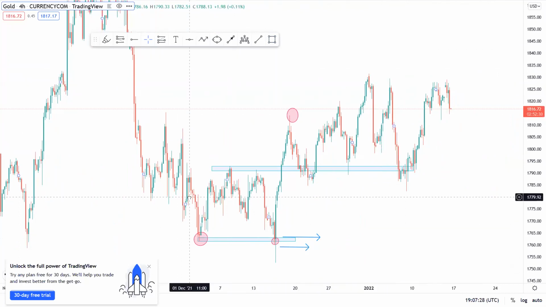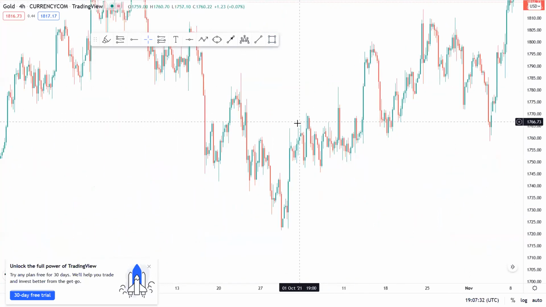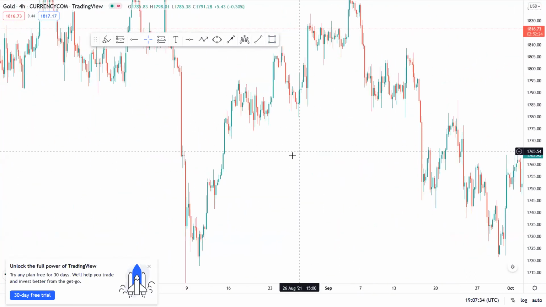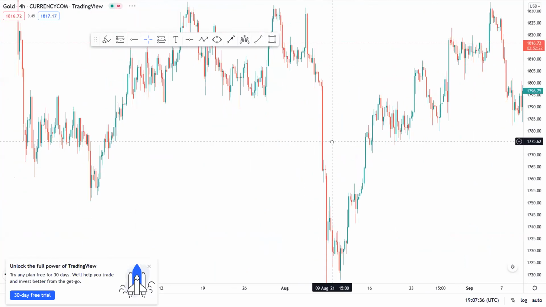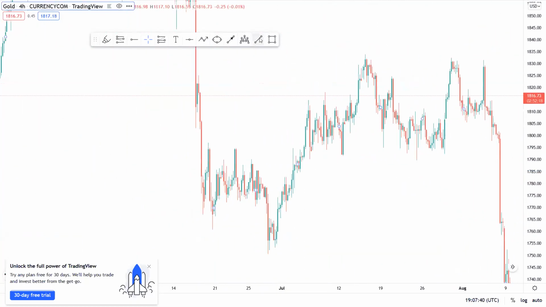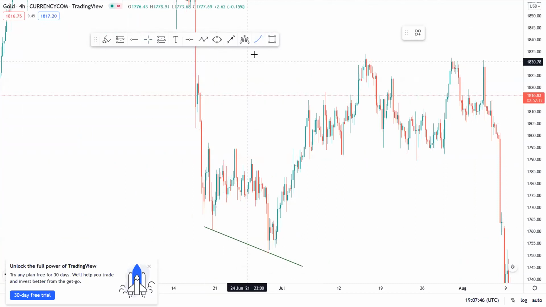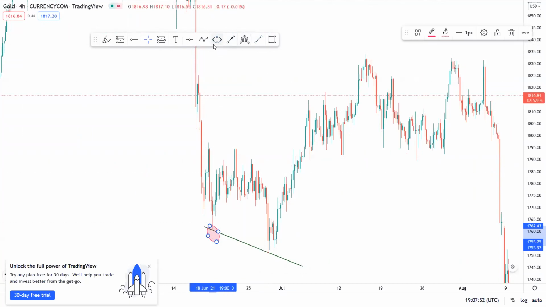So let's look for another double bottom. We can't have a single one. So here we had a diagonal one. There's a diagonal double bottom. You can see here there's a falling wedge, but the bottoms matter as well. We had one, and then we had two.